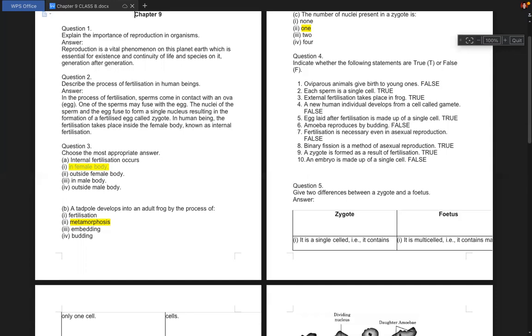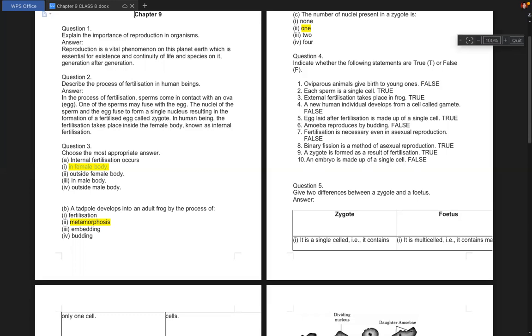Ova is a plural. So with the ovum, sperms come in contact. One of the sperms may fuse with the egg or the ovum, and the nuclei of the sperm and the egg fuse to form a single nucleus, resulting in the formation of a fertilized egg called zygote. In human beings, the fertilization takes place inside the female body, which is known as internal fertilization.